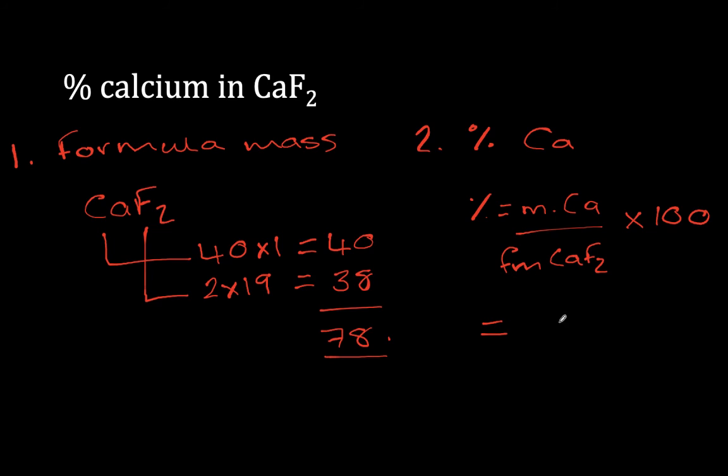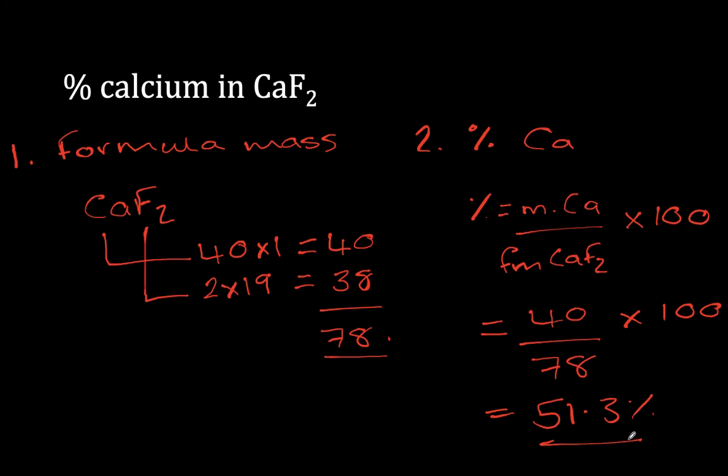So our mass of calcium is 40, our formula mass is 78, and when we divide 40 by 78 and then multiply by 100, we get 51.3%. Calcium accounts for 51.3% of the formula mass in calcium fluoride.